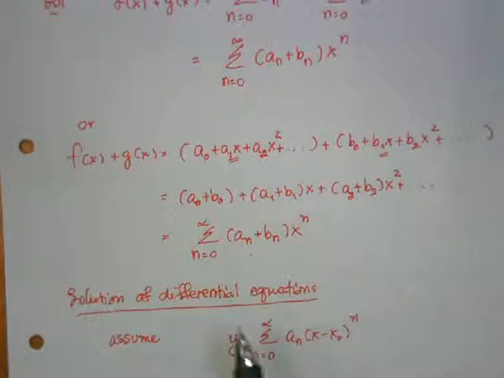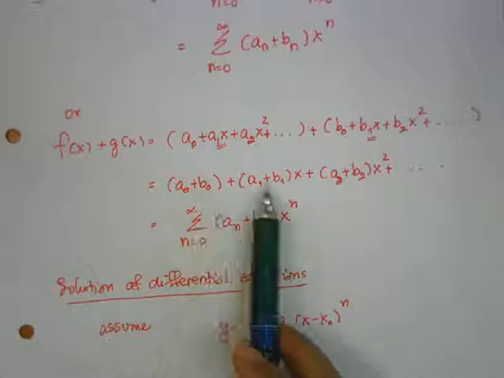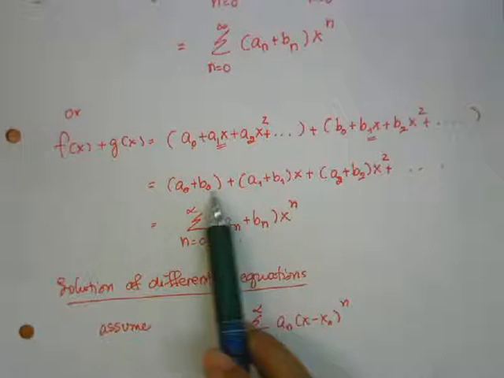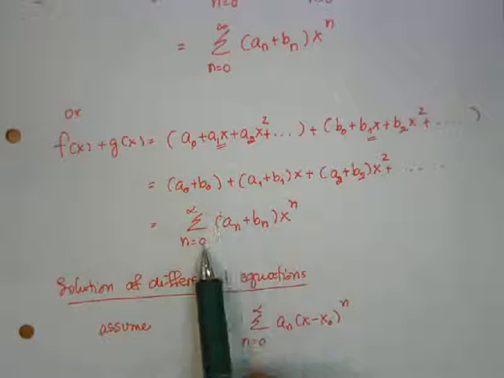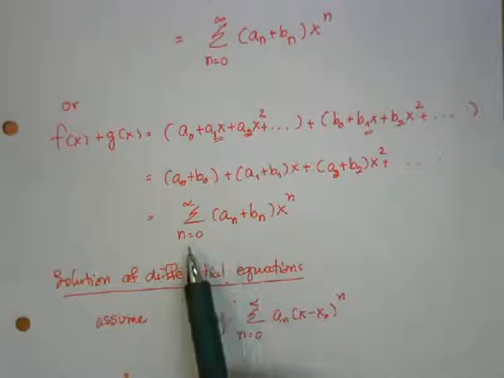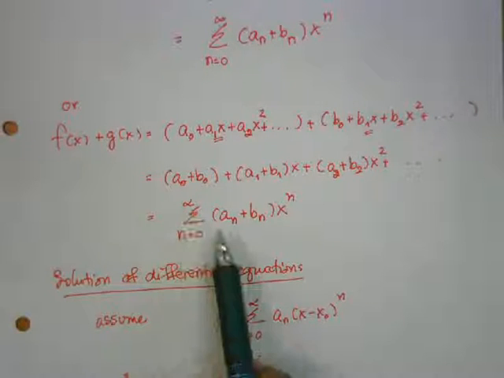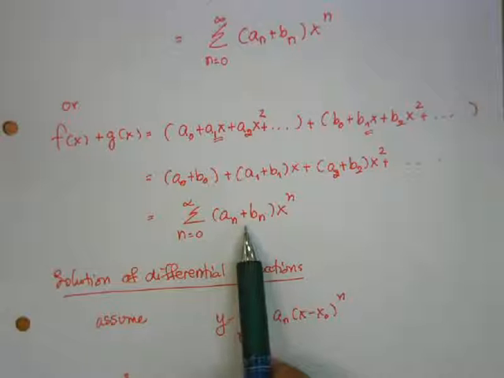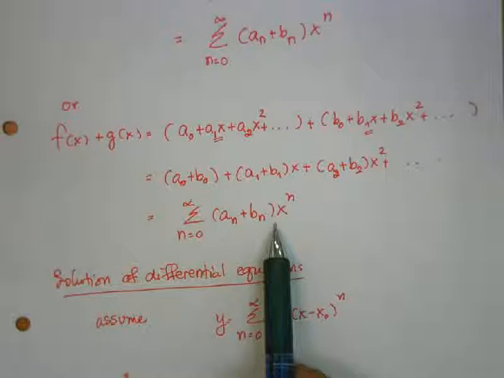That means this function, you can write in terms of summation: the sum from n equal to 0 to infinity of an plus bn times x to the power n.